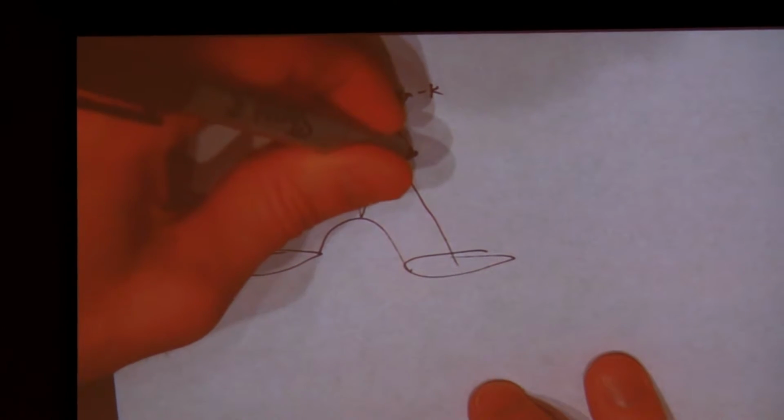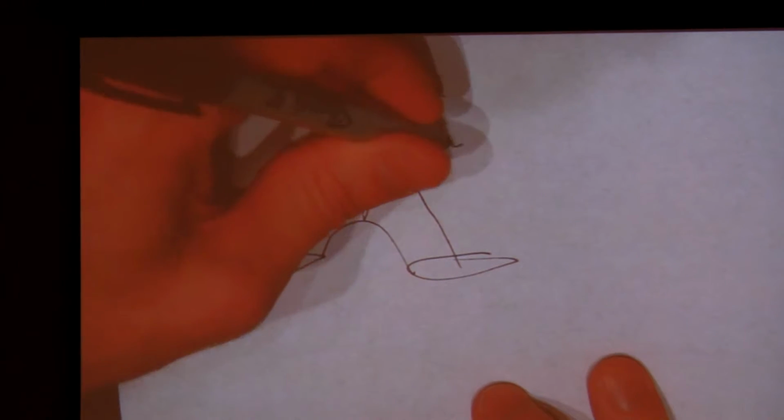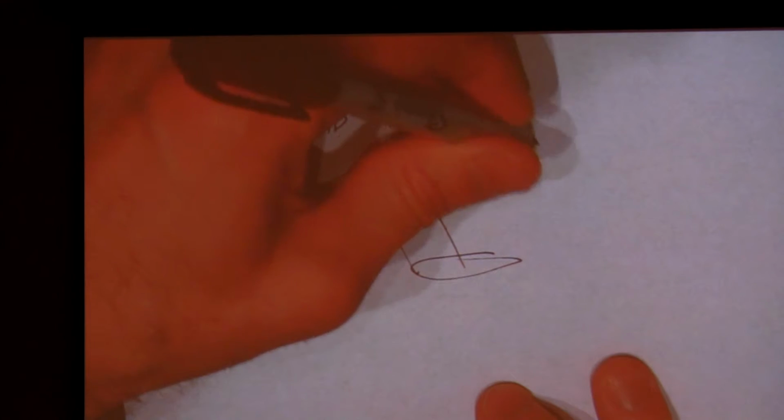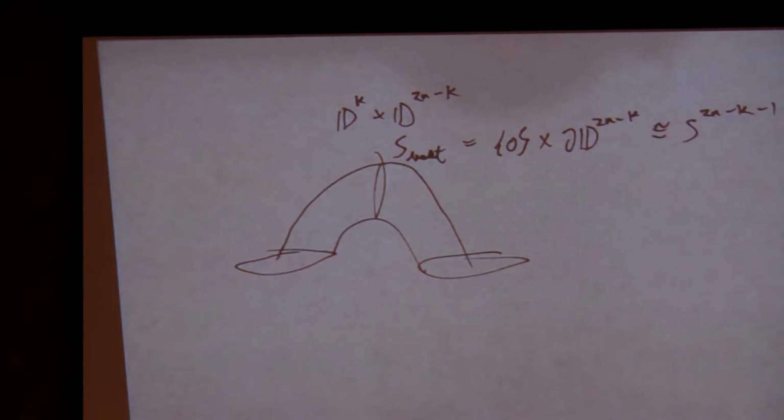So the belt sphere here is the boundary of a 2n minus k disk. So it's a sphere of dimension 2n minus k minus 1.